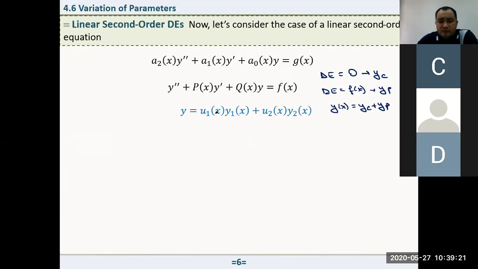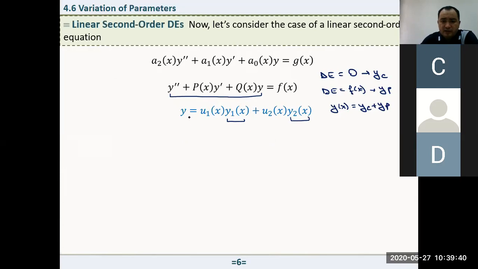So assume that when we solve this homogeneous part, that is equal to 0, it is a second order equation, so we will have two linearly independent functions: the first one is y sub 1 of x, the second one is y sub 2 of x.